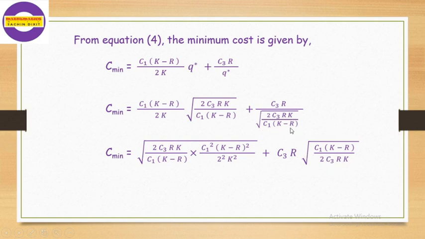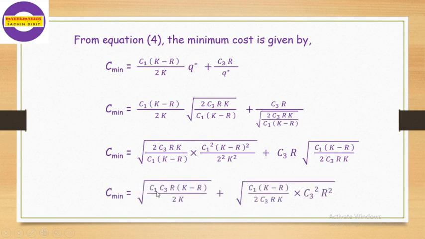In the second term, we take 1 upon this root, meaning its reciprocal, therefore plus c3r into under root of c1 into k minus r divided by 2 c3 rk. Now some terms cancel out: c1 cancels out, one k minus r term cancels out, one 2 cancels out, k cancels out. The remaining term will be c minimum is equal to under root of c1 c3 r into k minus r divided by 2k plus.